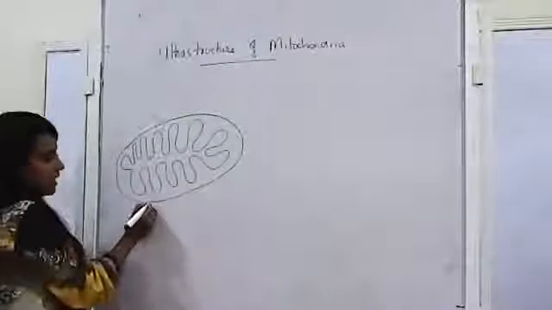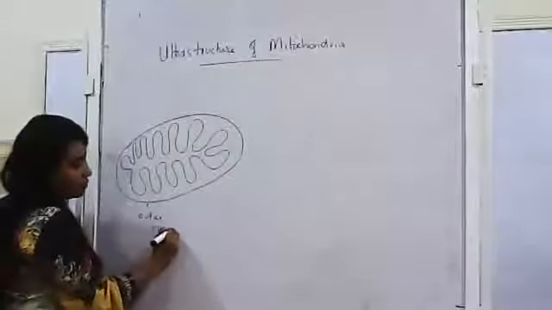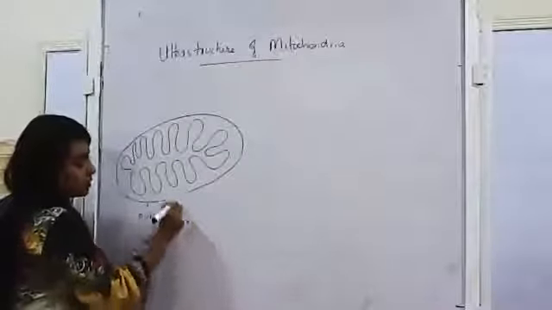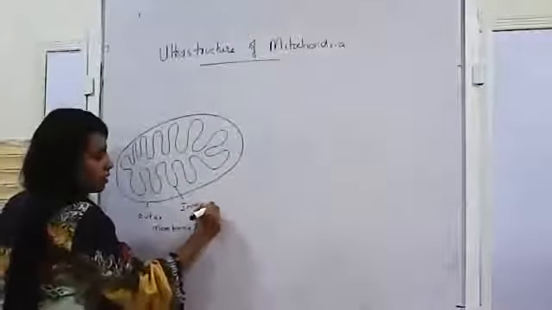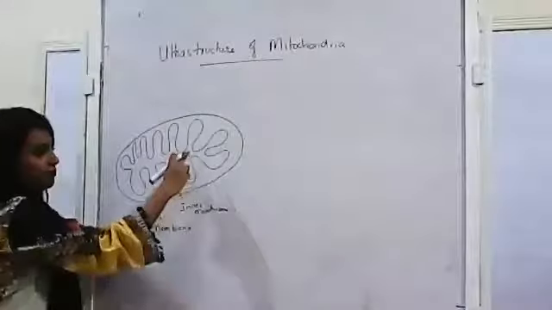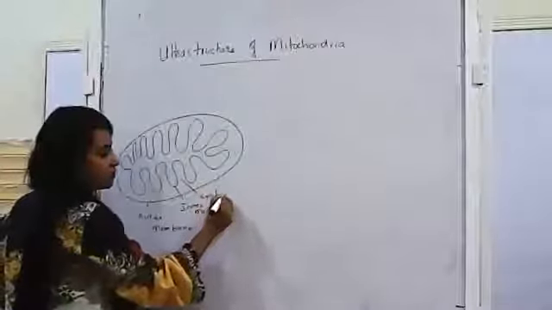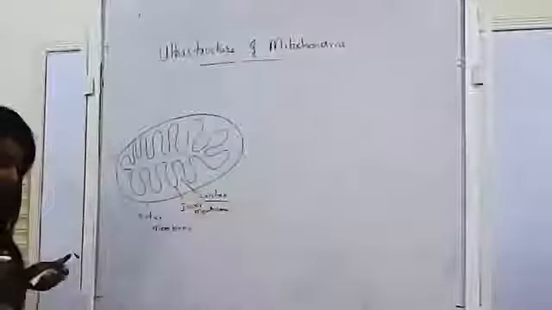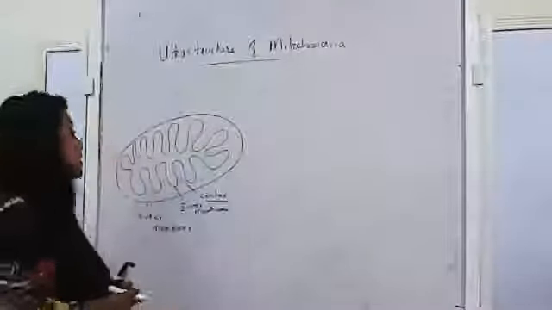And this is the outer membrane that is smooth. This is the inner membrane that is folded. And these infoldings of the inner membrane are called cristae, right? So cristae make up the internal structure of the mitochondria.